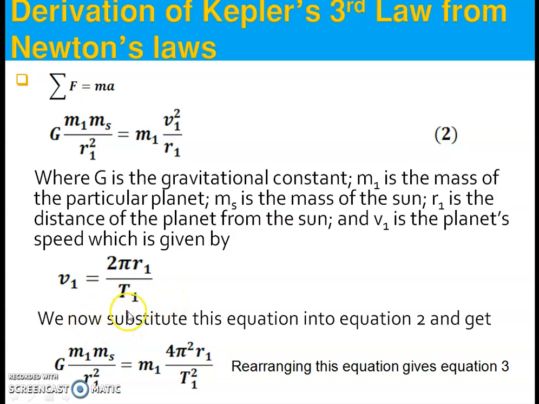We now substitute this into equation 2 and get that G M1 Ms over ρ1 squared is equal to M1 times 4 pi squared r1 over T1 squared.